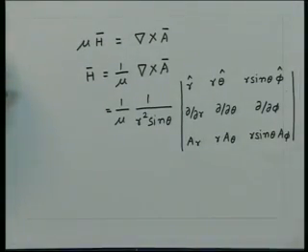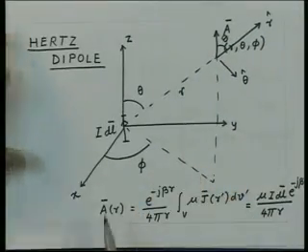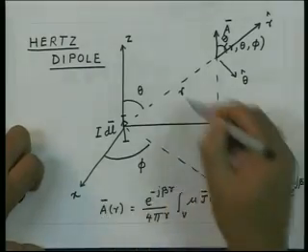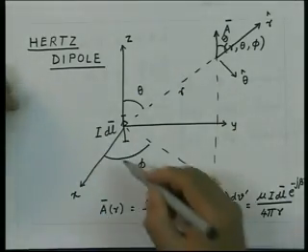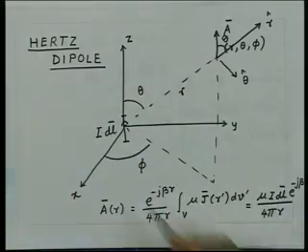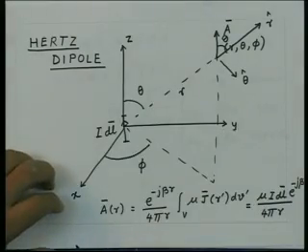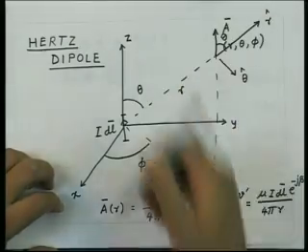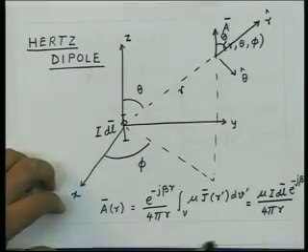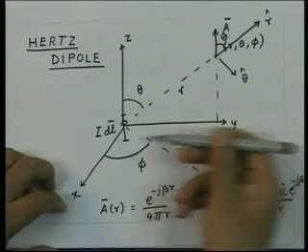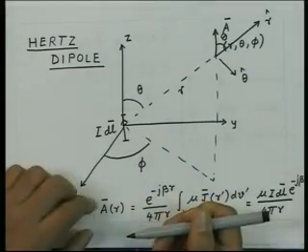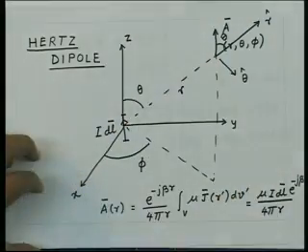Now, since the current element we have here is symmetric in the phi direction, because it will appear the same no matter from which direction we see, only when we see in a different direction in theta will the element appear differently. If I see from this direction in theta, it will look like a line, when I see from the top it will look like a point, and so on.